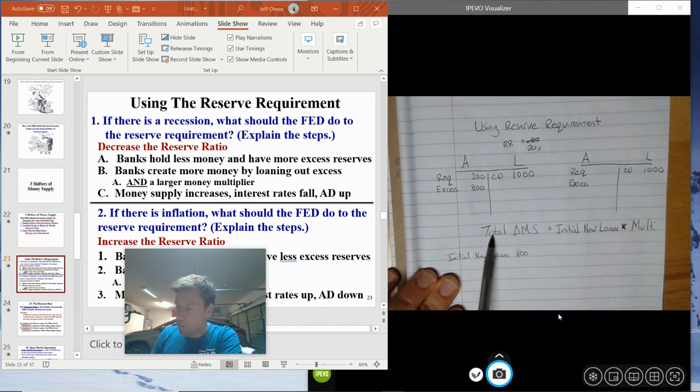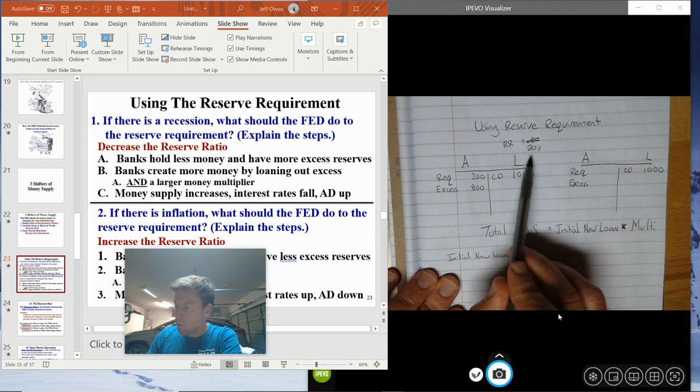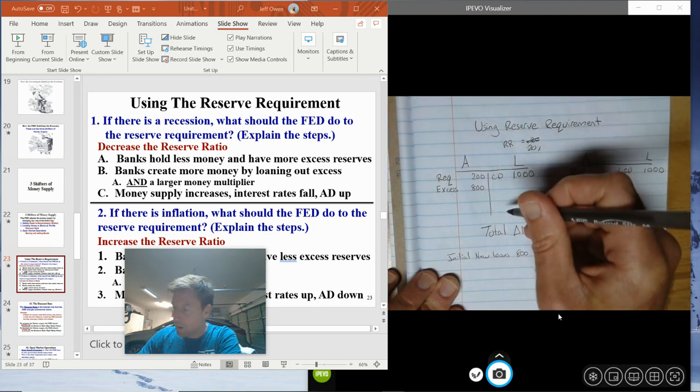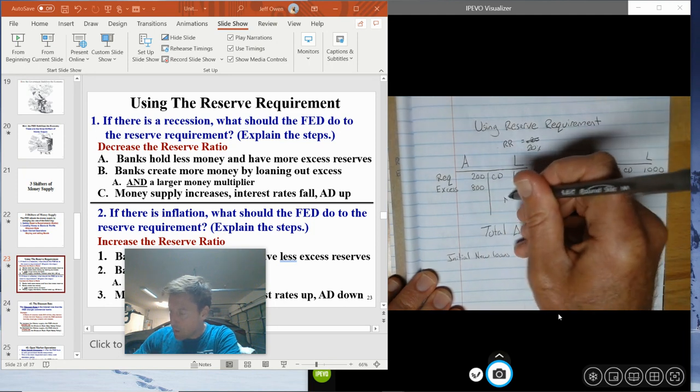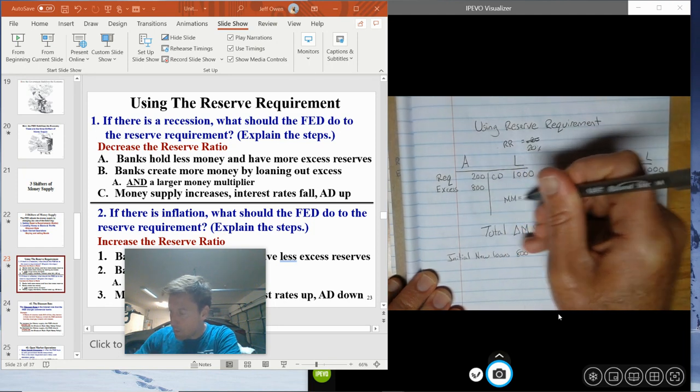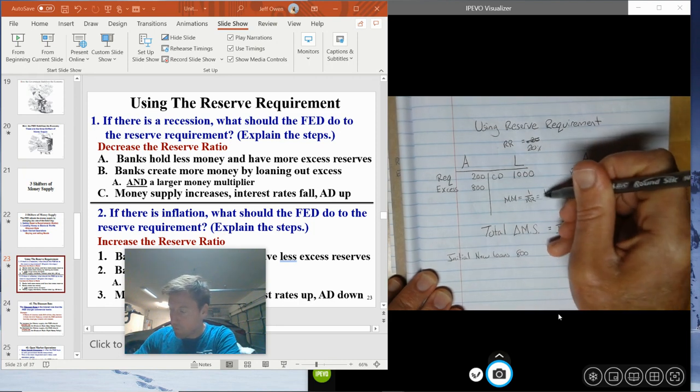In the long run, they can also make a maximum increase in the money supply of, let's use our equation: the total change in money supply equals our initial new loans times our money multiplier. With a required reserve ratio of 20%, my money multiplier is 1 over the required reserve ratio, which in this case is 1 over 0.2.